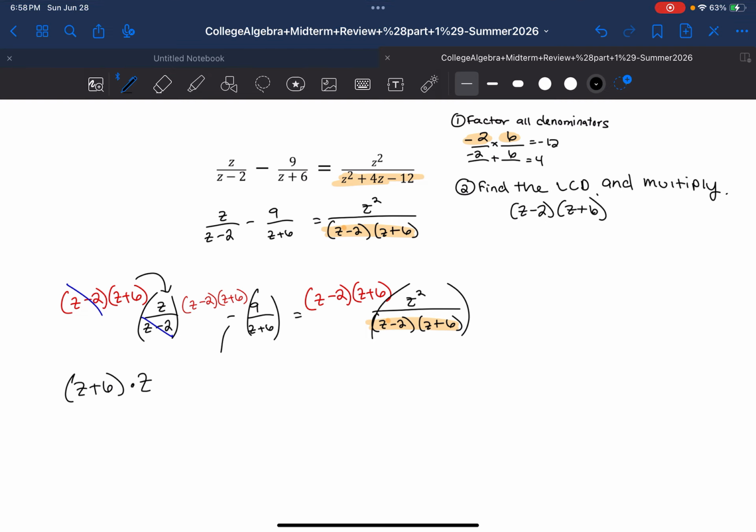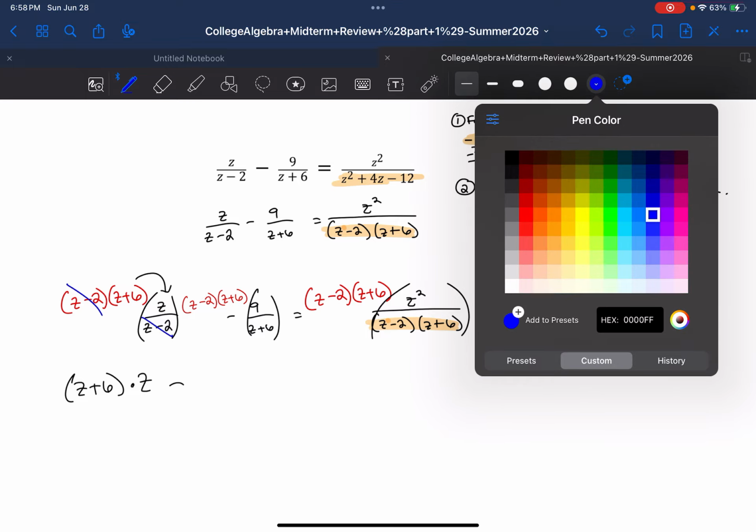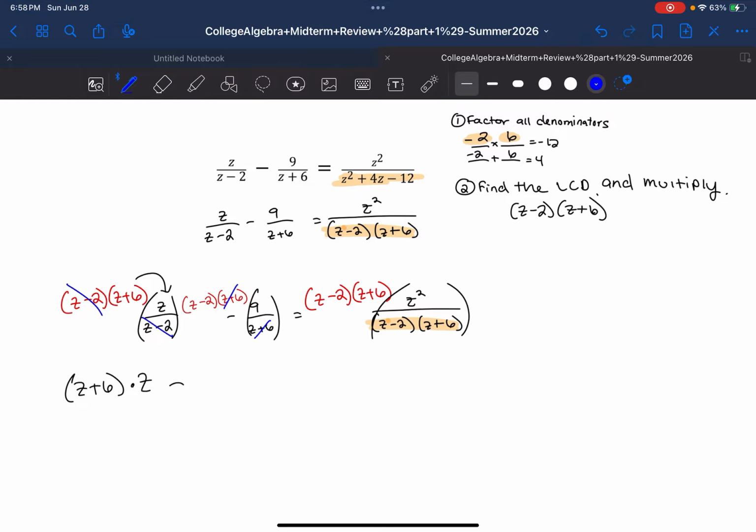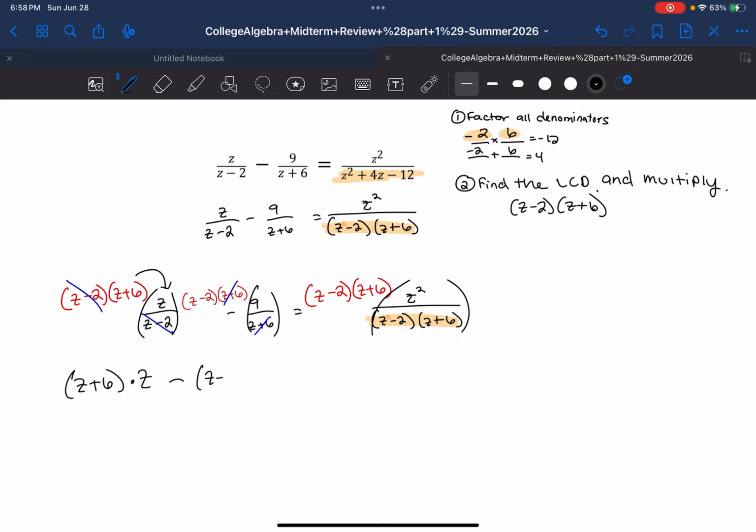I'm going to bring this negative symbol here down on the second one, and then z plus 6 and z plus 6 will cancel, and that will leave me with the z minus 2 times 9. And then on the last one, they all will cancel, z minus 2 and the z plus 6, so that'll just leave me with that numerator of z squared.